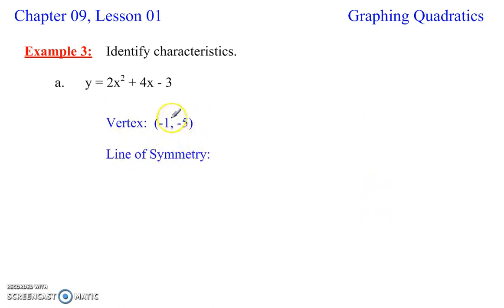Then the line of symmetry, axis of symmetry, is the same as the x value at the vertex. Okay, so that's -1. And then the y-intercept is our constant here. So that's -3. Now I can graph this. If I have a vertex on the graph, I can put the lowest point there. I can say it's mirrored across that point. I know where the y-intercept is, and then graph it.